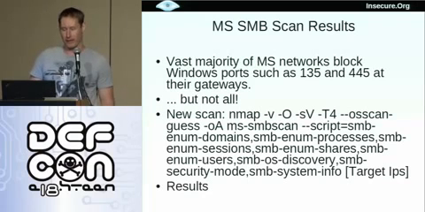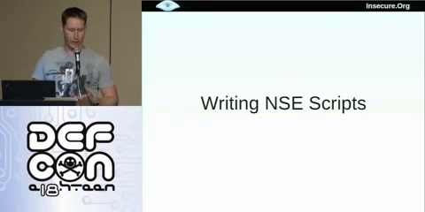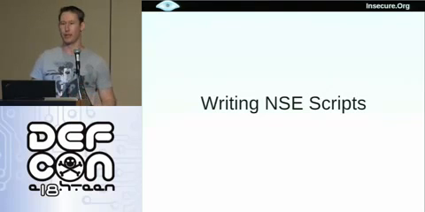We also have a fellow named Drazen Popovich who's been working on us this summer to improve our SMB stuff even further. So now we've gone over how to use SMB scripts, basically what they do, but the next question is, what about writing NSE scripts? If you think about it, using them is probably as much as your average casual Nmap user is likely to do.